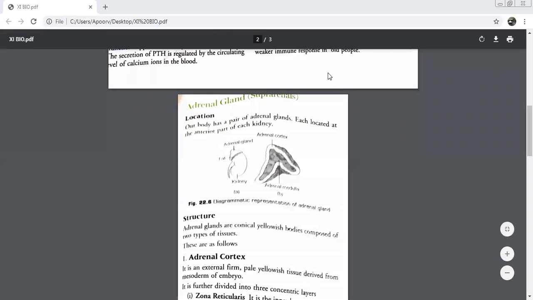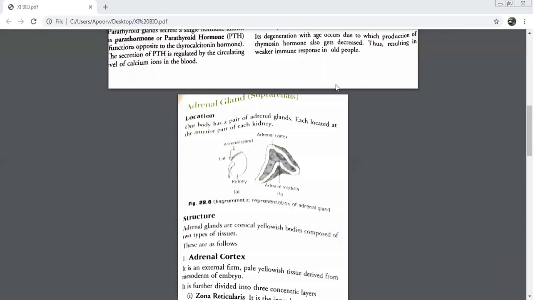But again, chapter 5, we have already done. I'm just telling you that most of the part we've already done. So what is the part which is left and which we will not be covering as of now? So I'm just discussing that part with you. Let's come to chapter 6, anatomy of flowering plants, different tissues, monocot, secondary growth. This is all deleted, but we have done this chapter.